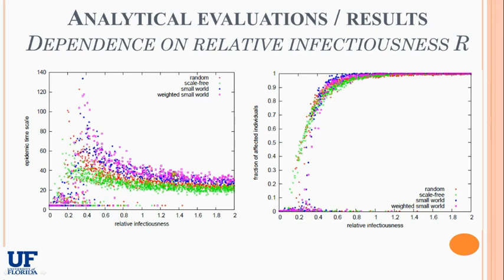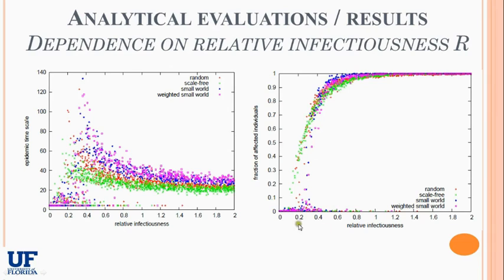Red shows the random network, which comes next. Then we have the small world graphs, which show you how the relative infectiousness is actually affected by the time scale in an epidemic graph. This graph shows you the number of people that are affected by the relative infectiousness.